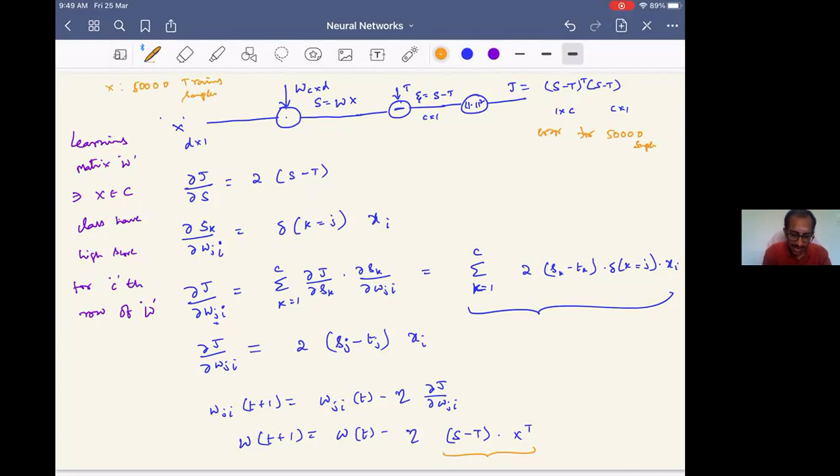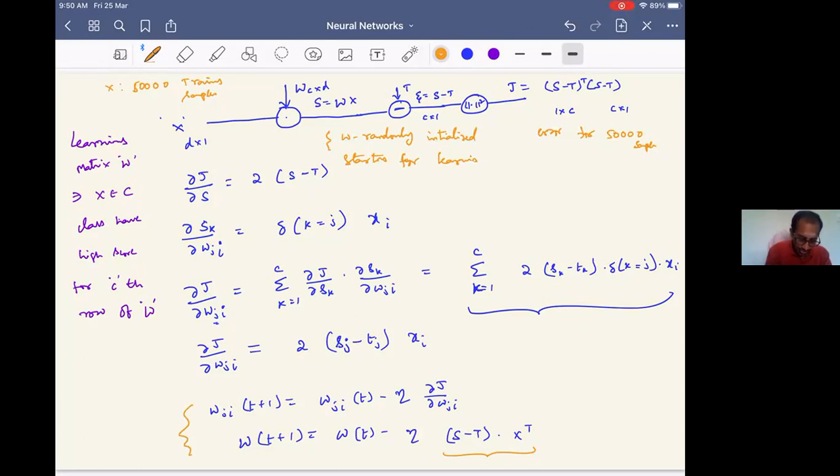When I initialize this W randomly, that means no learning, just a starting point for learning. What I do is update this W such that the error is minimized, not just for a single sample, not just for a single x, but for all samples.